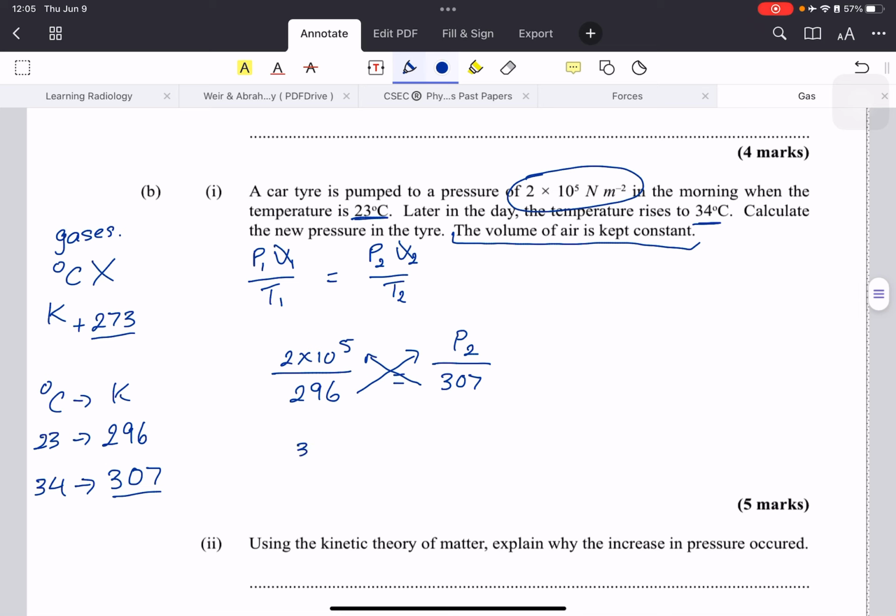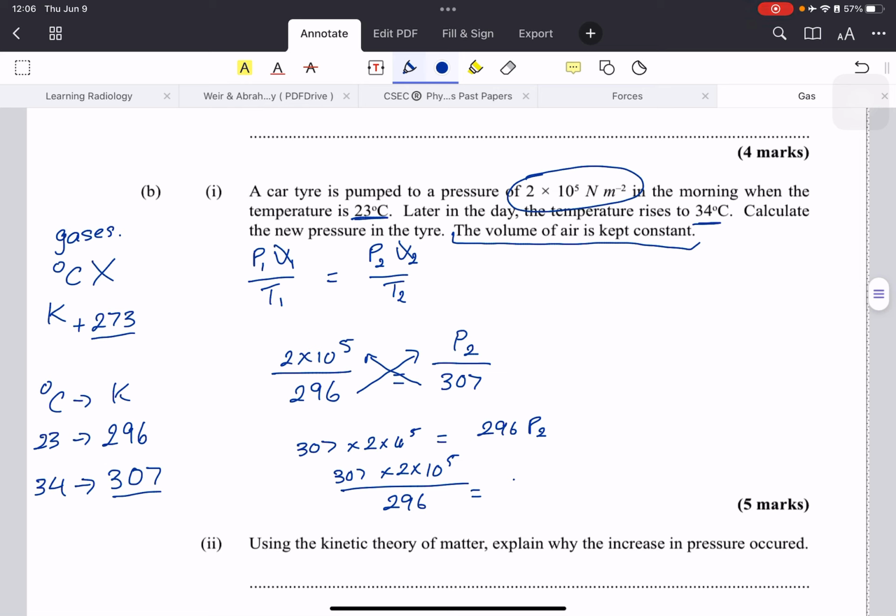So I'm going to get 307 multiplied by 2 times 10 to the 5 is equal to 296 P2. And to make P2 the subject, I just divide by 296, right? So I end up with 307 times 2 times 10 to the power 5 over 296. And I will put that into my calculator.